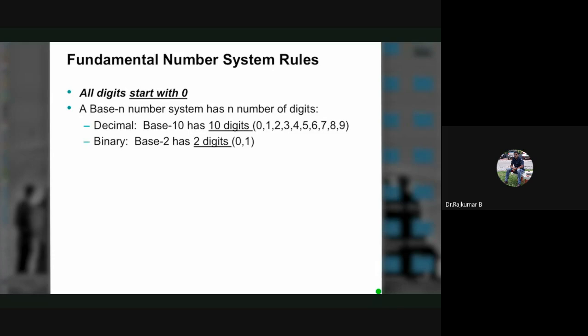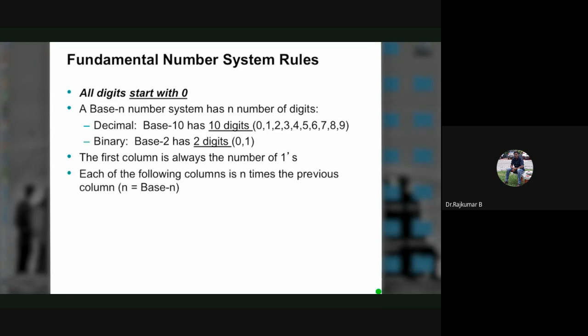Binary is base 2. Base 2 has 2 digits, starting at 0, 0 and 1 are our 2 digits. So the first column in our number system is always the column of ones. Whatever base we're working in, the next column is that times the previous column.